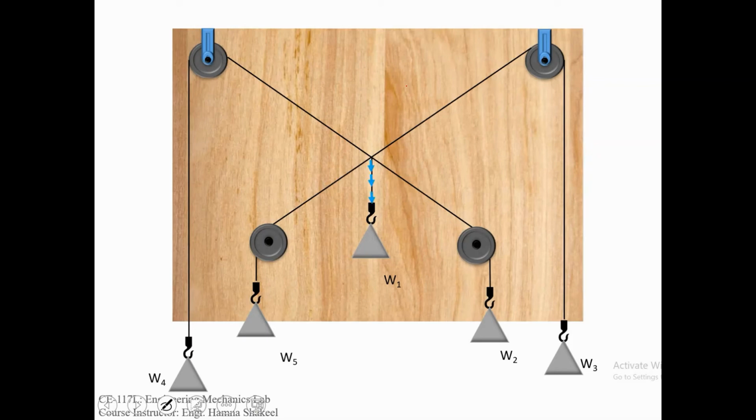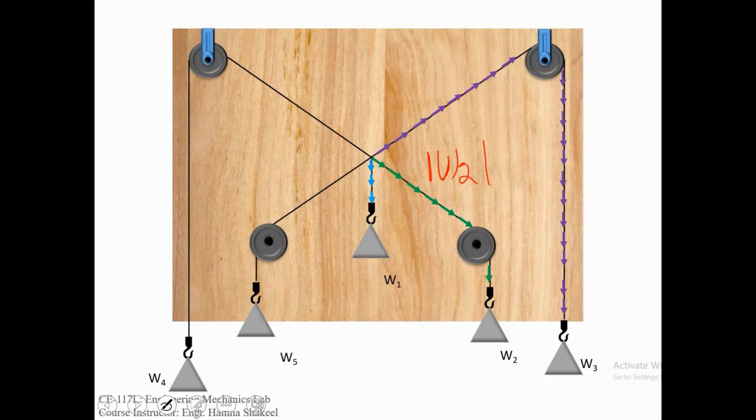So this is how weight 1 is affecting the cord. This is how weight 2 is affecting the cord, and the magnitude of force in this cord would be W2. Because we know that a pulley only changes the direction of the force, it does not affect the magnitude.